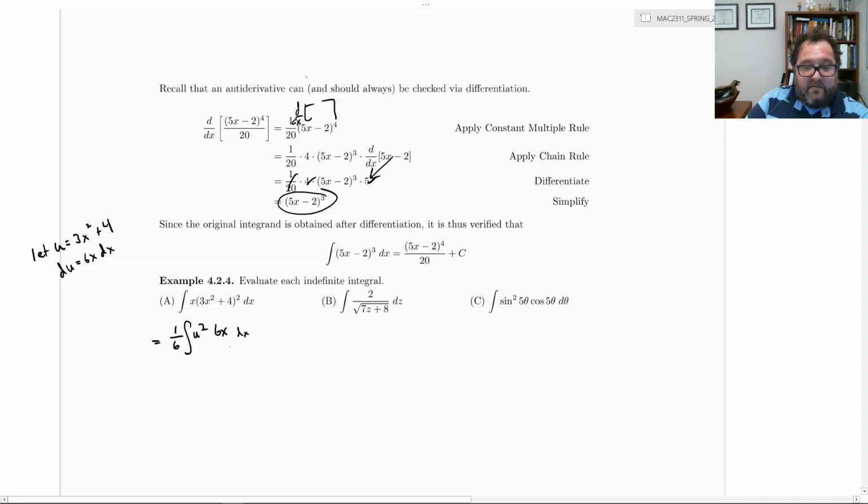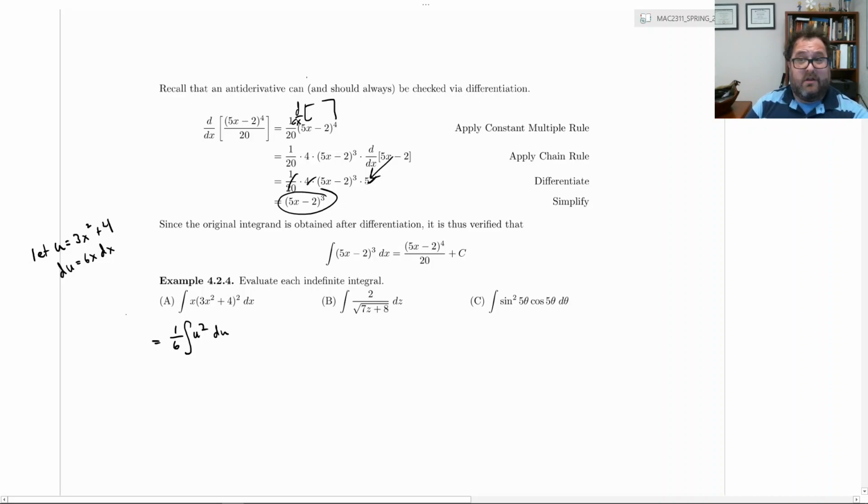So now I have a 6x dx, which I know is equal to du. And now I can rewrite this as so. So I've changed over completely to a new variable u that's much easier to handle.